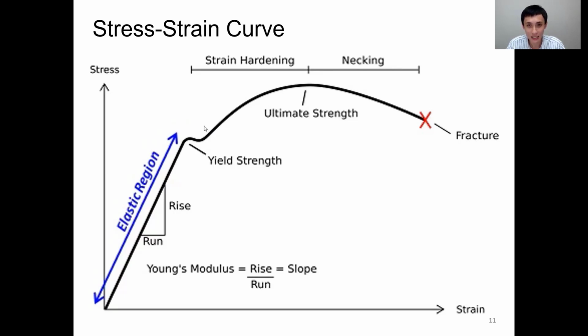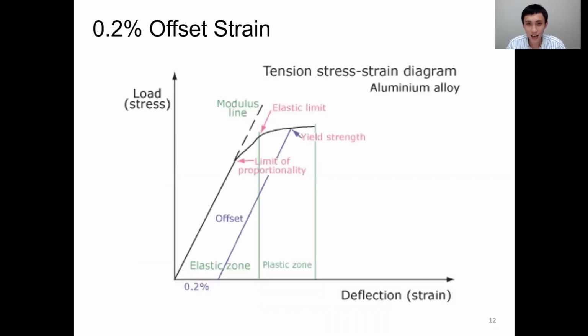So in the engineering world, in order to define where the yield point exactly is, we use a 0.2% offset strain. Basically, we move the elastic region line 0.2% to the right.